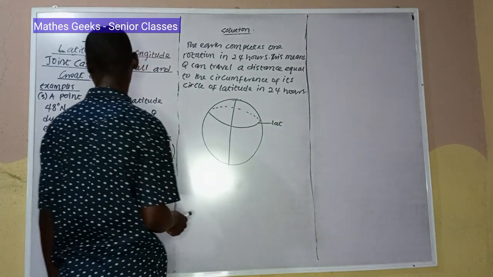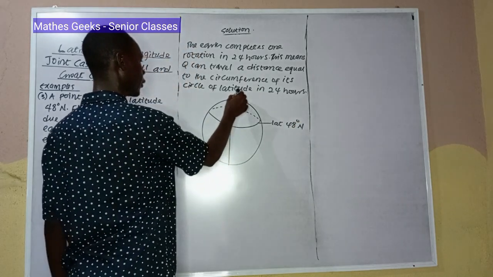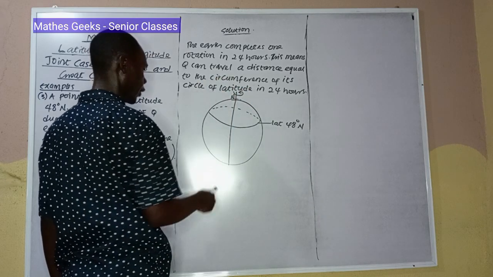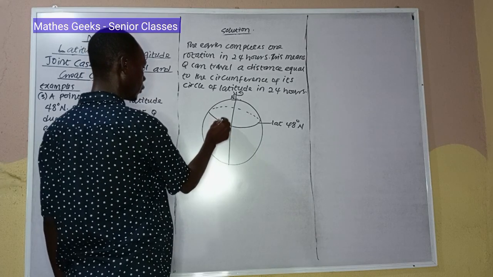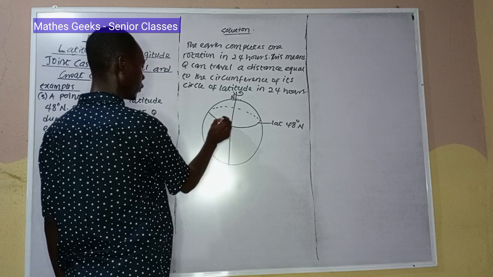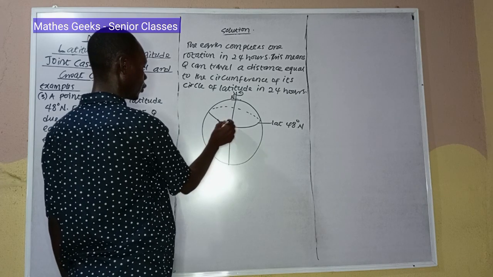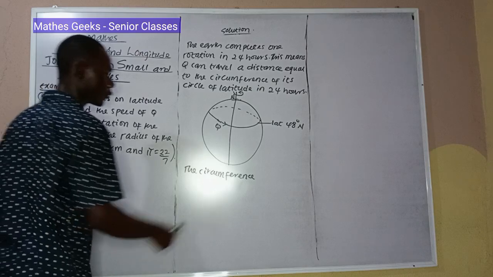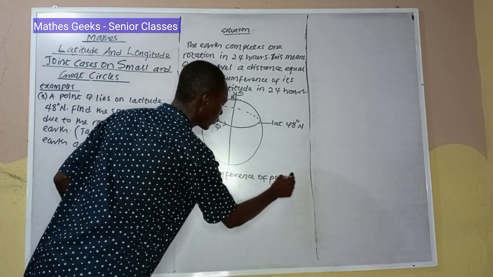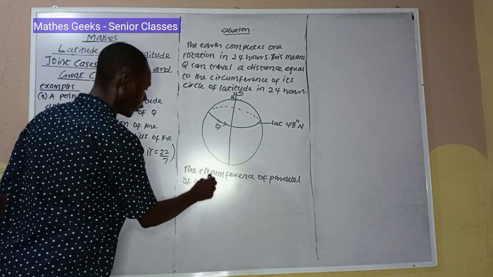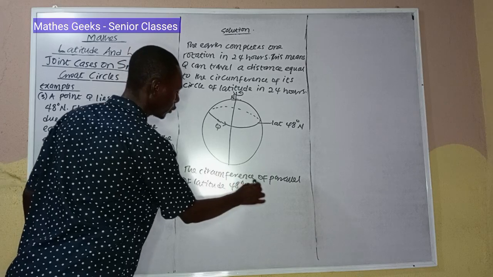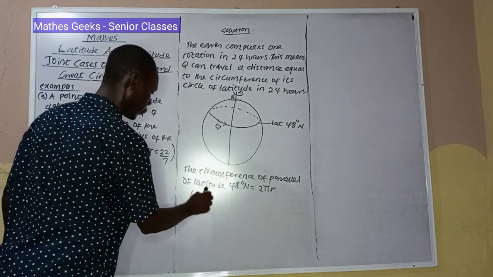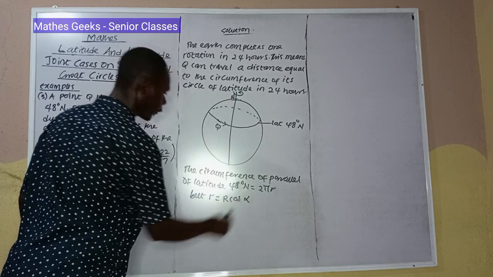This is the parallel of latitude 48 degrees north. The Earth rotates, and so the point Q travels around the circumference of the parallel of latitude 48 degrees north. The circumference of a circle is 2 pi r, but the radius of the small circle is r cos alpha.